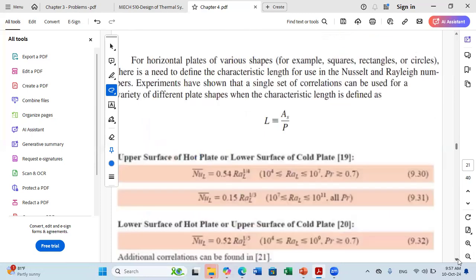They said here for horizontal plates of variable shape. So it doesn't matter the shape, if it's a rectangle or triangle, we don't care. We care that it's in the horizontal position. It can be, for example, a square, a rectangle, a circle, etc. So whatever shape, the formula will apply.